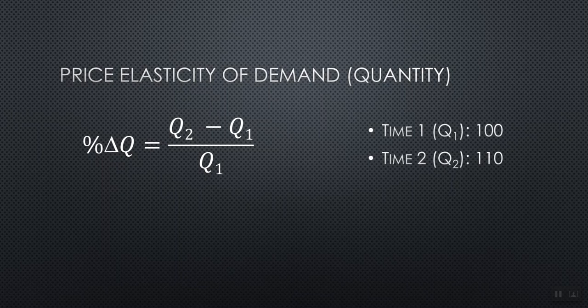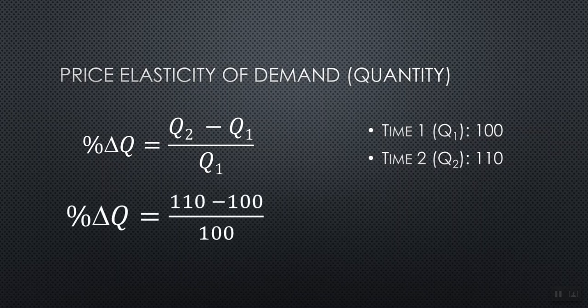Now this assumes that we have some price point that we've sold our hamburgers at time one, and then at time two, we see that demand has gone up. That means that price has gone down. All right, we'll look at the price side in a second, but let's just calculate the percentage change in quantity really quickly. Now that we have our two price points, we just plug and play.